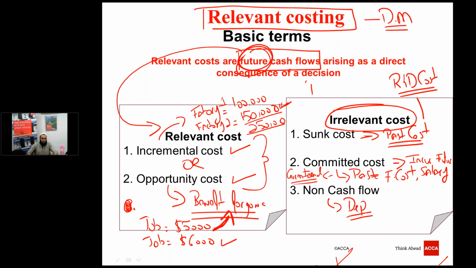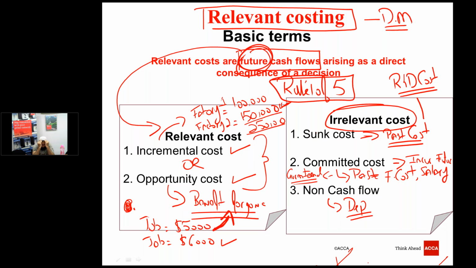So my friends, this is the rule of 5. Remember the rule of 5, and you can solve any question with no issues. When the cost is relevant, it will either be incremental, because the decision will increase or decrease it, or it will be opportunity.